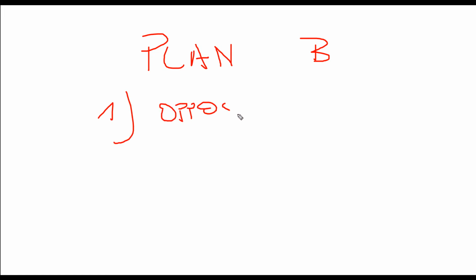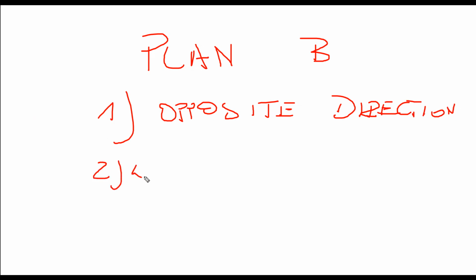Now, what does it mean? I'm not saying that plan B should be an opposite direction trade. It might be, number one, the opposite direction, a trade to the other side. But also, if we have a strong trend, we might want to trade with that trend after a little bit higher rally or a little bit deeper pullback, depending on the direction.